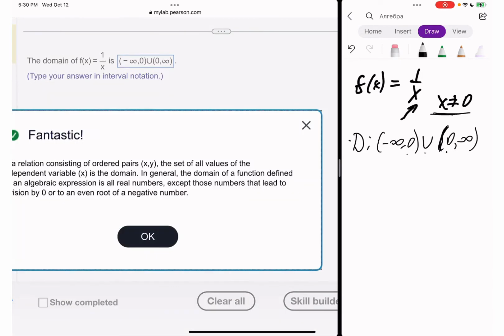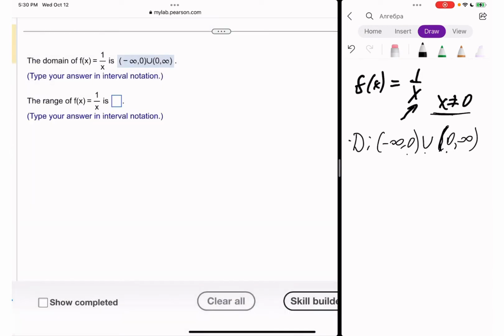Okay, checking. Fantastic. So next question, now regarding range.